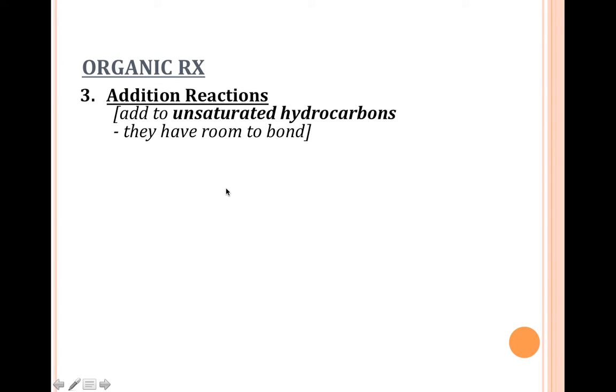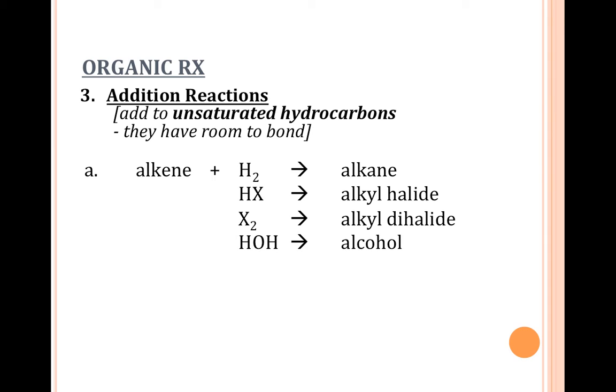Now addition reactions are going to apply to alkenes and alkynes because they are unsaturated. And when we do this, what you see is we start with 2 reactants and we always finish with just one product. So earlier you would call this a synthesis reaction, but not in organic land.